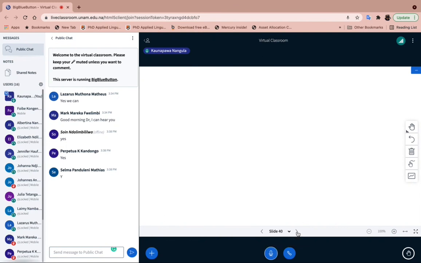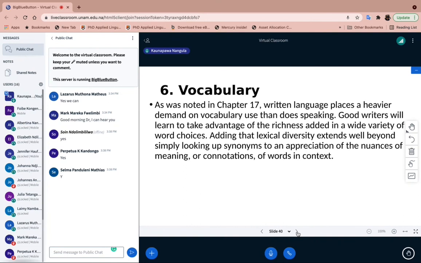And then next, vocabulary. We didn't do chapter 17 again on speaking, but written language places a heavier demand on vocabulary use than speaking. So good writers will learn to take advantage of the richness added by a wide variety of word choices.